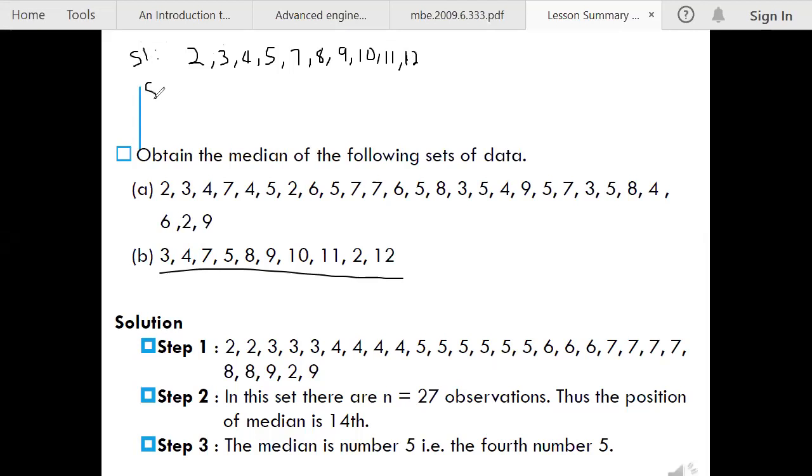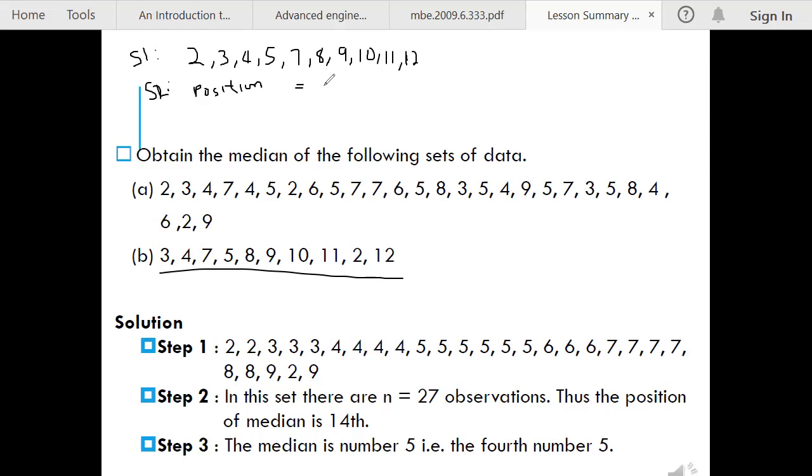Now, what is step 2? Step 2 is to look for the median position. We're going to look for the position of the median, and the position of Q2 is given as R over 4.